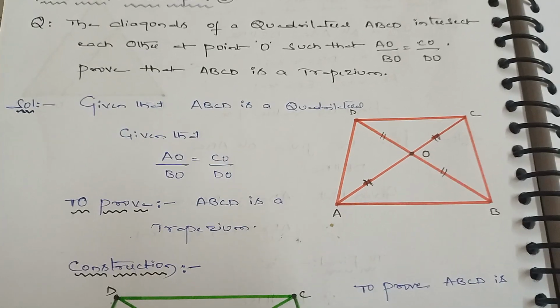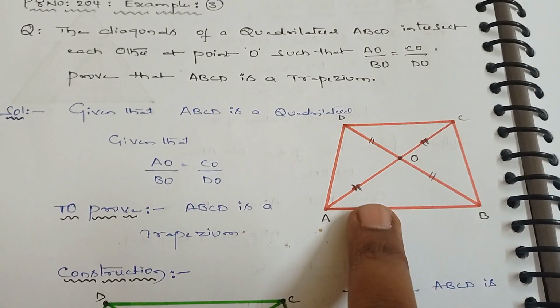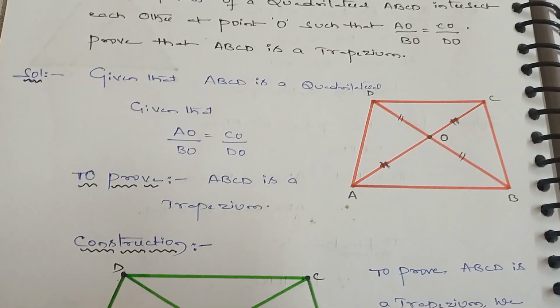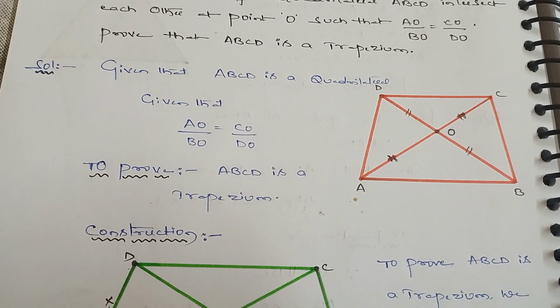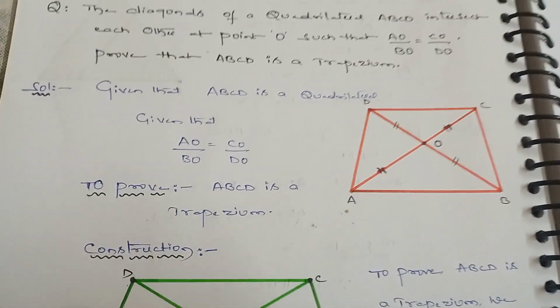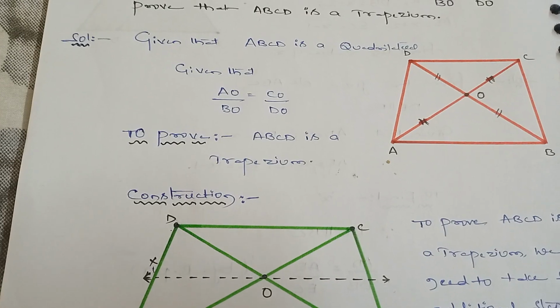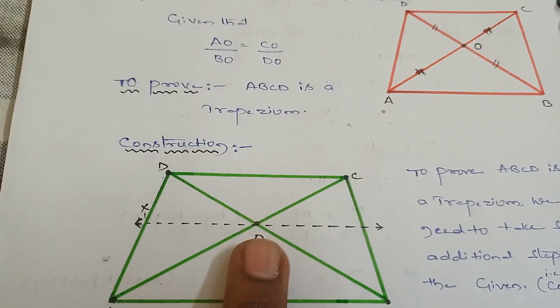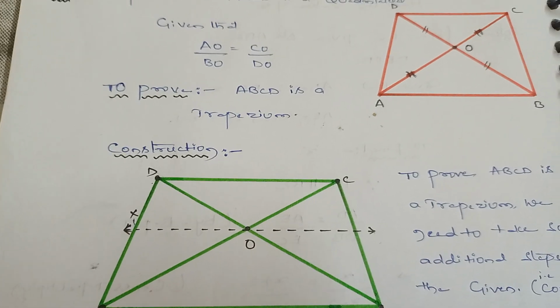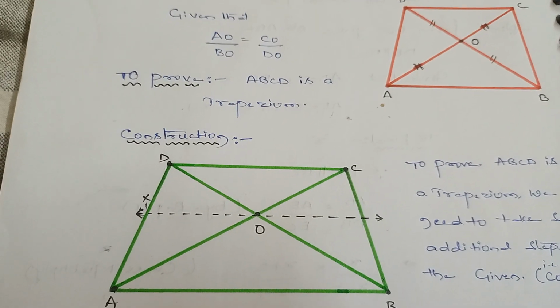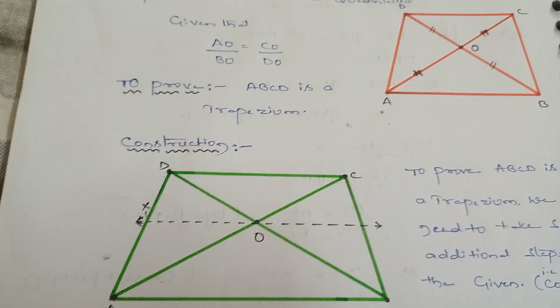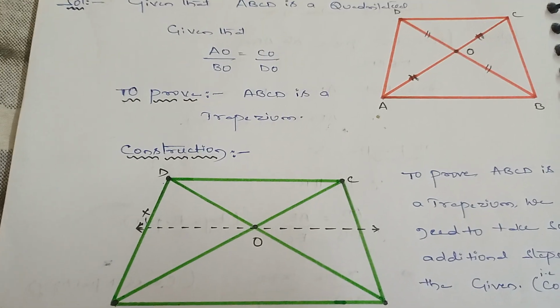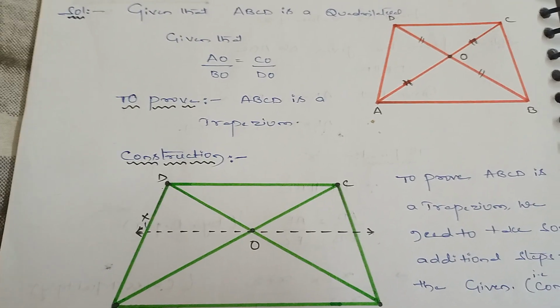To prove that ABCD is a trapezium, we need to do some extra steps. That is called the construction part. To get the result from the given figure, we need a construction.